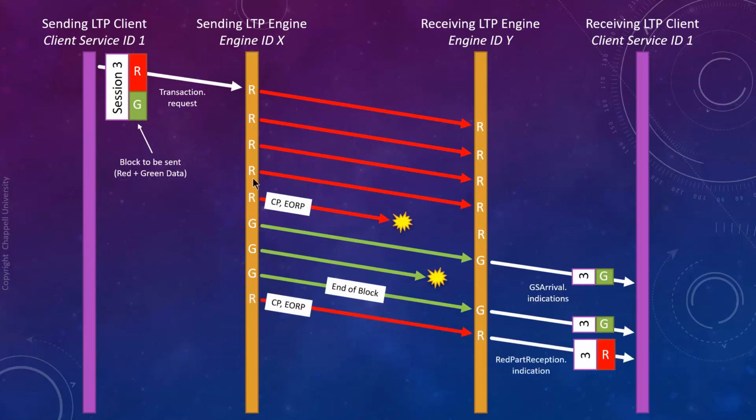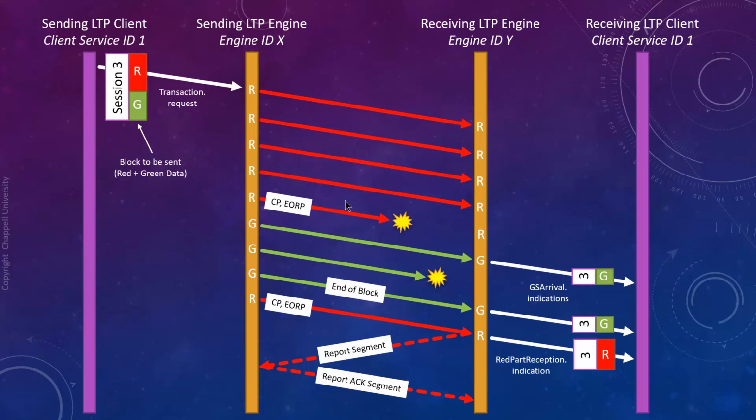We see the checkpoint timer must have expired for us to send another checkpoint out here. So we send the checkpoint out again saying, look, we got to get a report back. Did you get this up to the end of the red part? That gets sent across. We send the report segment back. And we get the report ACK coming back.